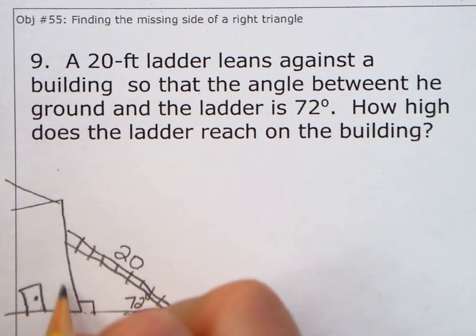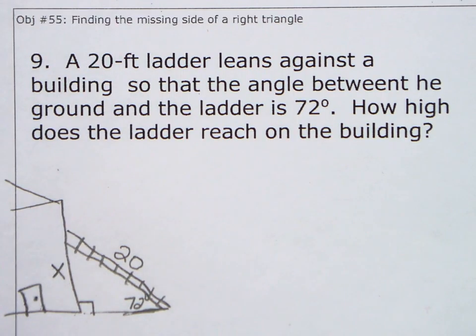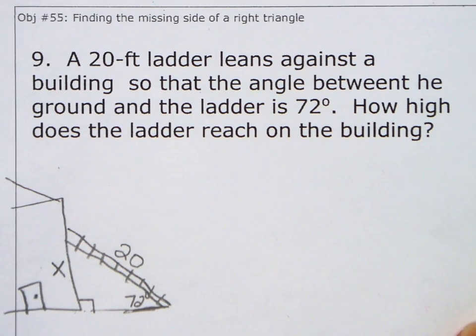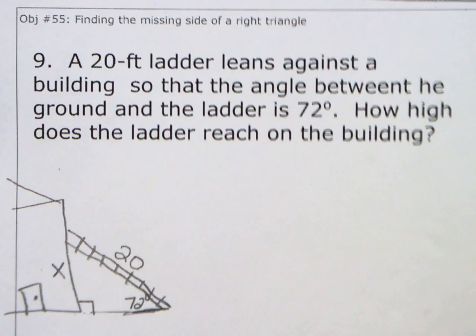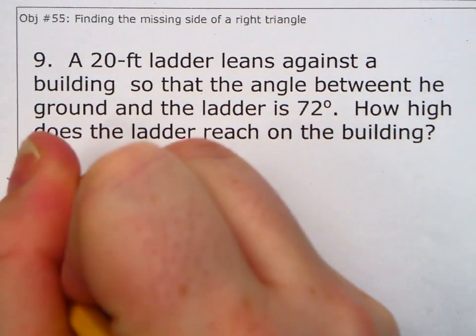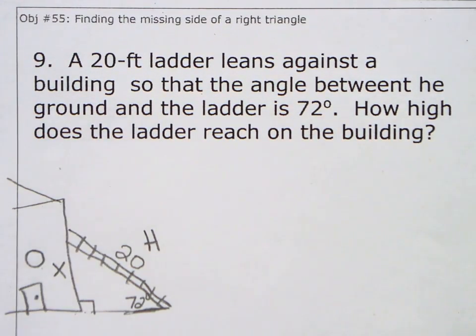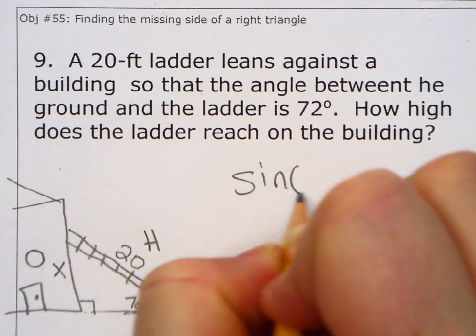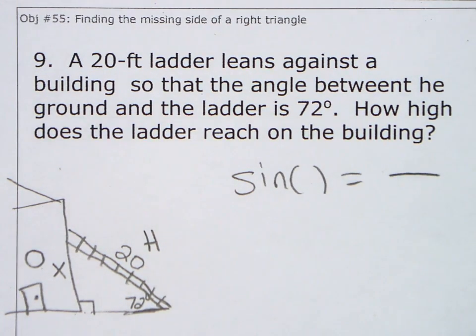So that's the up and down. How high? X. Okay. Which trig ratio is this? Well, this is my hypotenuse. This is my opposite. So what is that? That's your sine. Sine of 72 equals opposite over hypotenuse. Was this so terrible? No, my building is ugly, but it's fine. Who cares? It's for yourself.